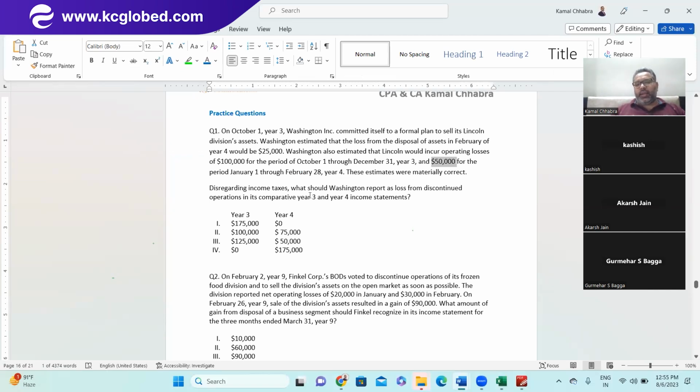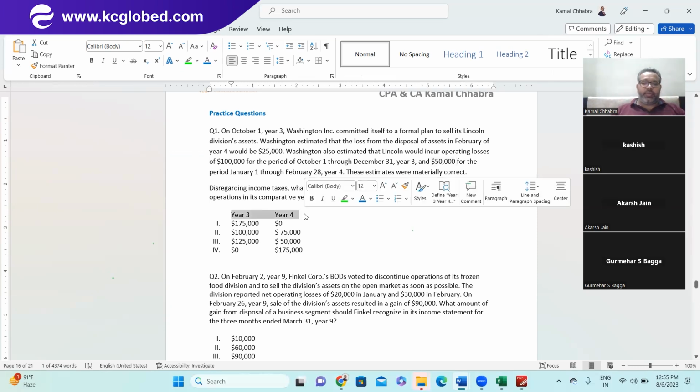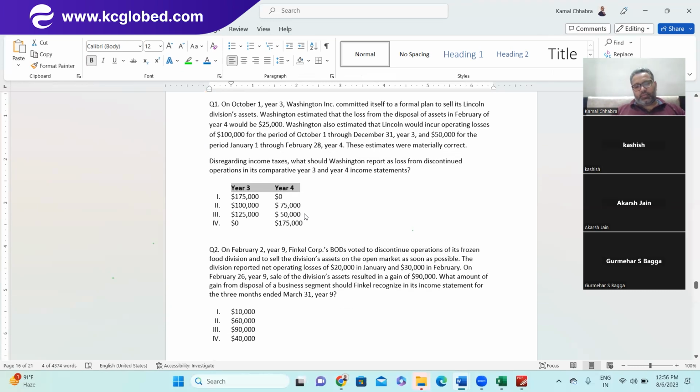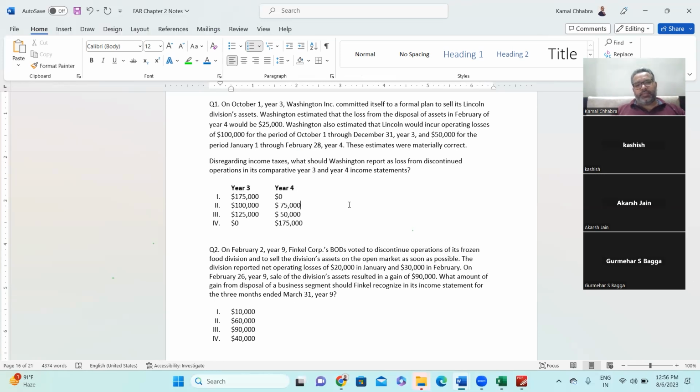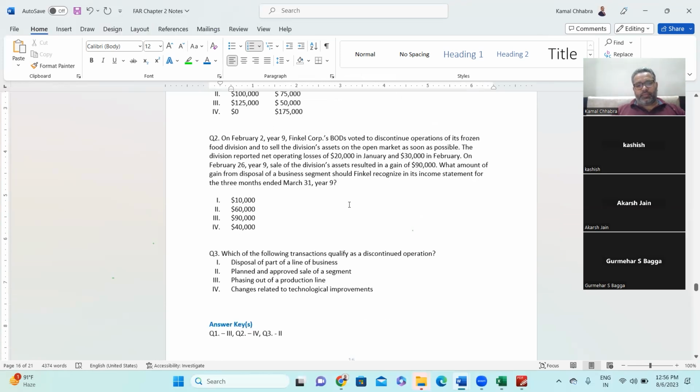So disregarding income tax, we're going to just leave the income tax aside. What would be the reported loss from discontinuing operation for year 3 and year 4? How much loss will you recognize in year 3? Will you recognize this 25,000 loss in year 3?